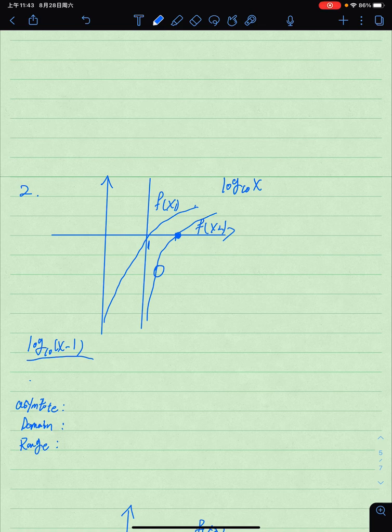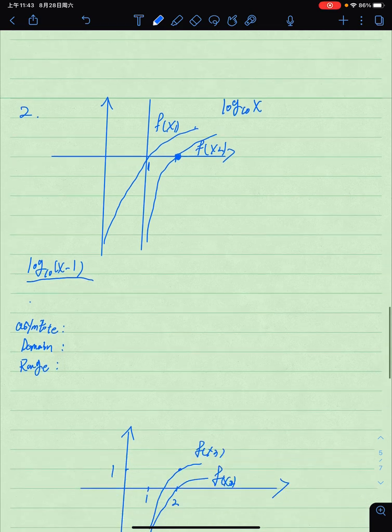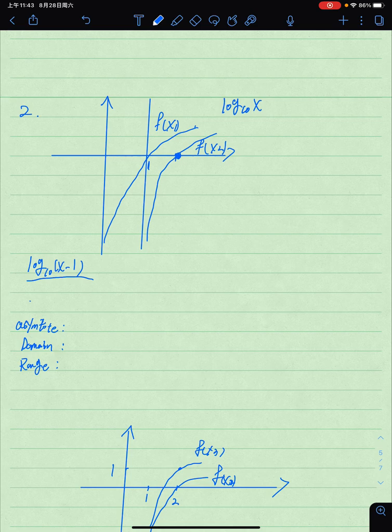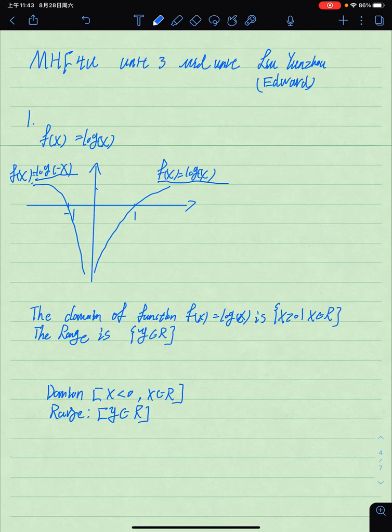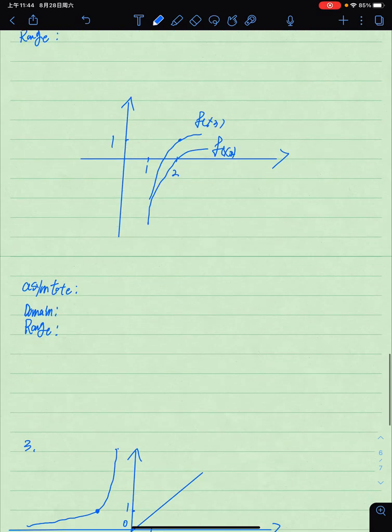Here's the second graph function. Sorry, there's a mistake here. We can see the asymptote changed from the y-axis to x equal to 1. The domain also changed, because the original domain was x greater than 0, and x belongs to real numbers.